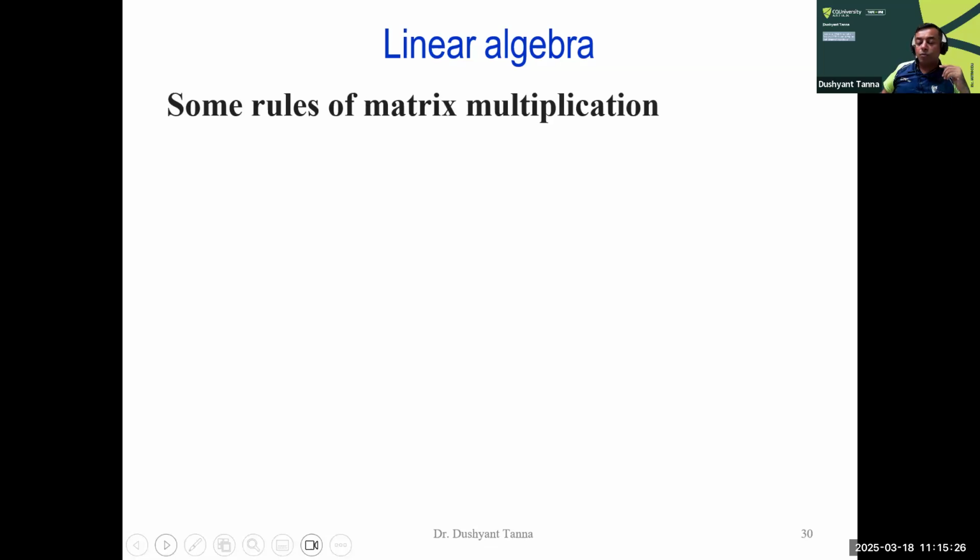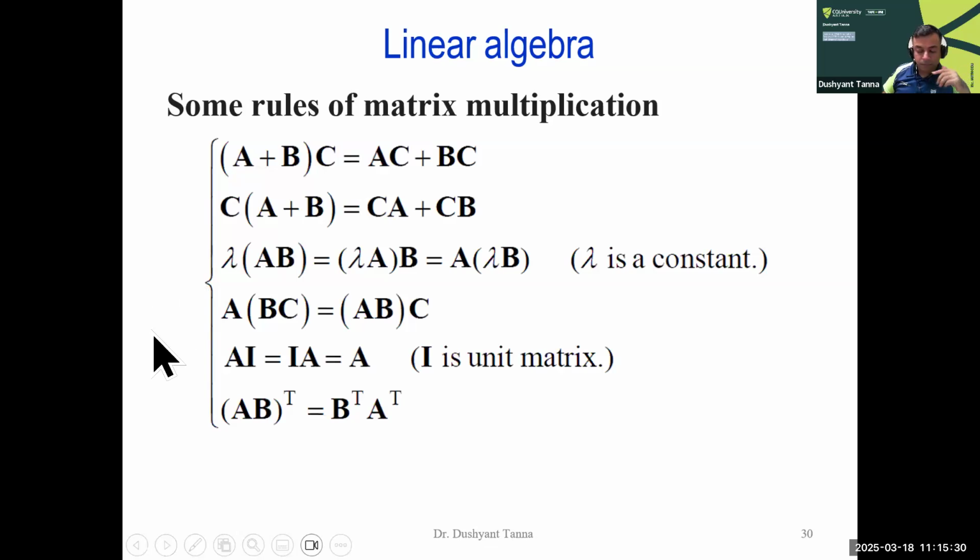Okay, let's look at some rules of matrix multiplication. What we have observed so far is that in general, AB is not the same as BA, right? Like I was mentioning in the previous session, we are now talking about linear algebra, matrix addition.